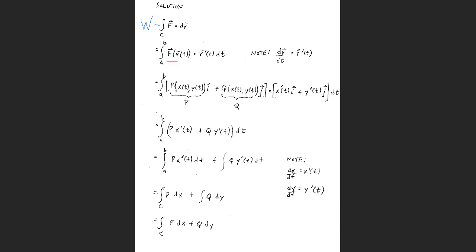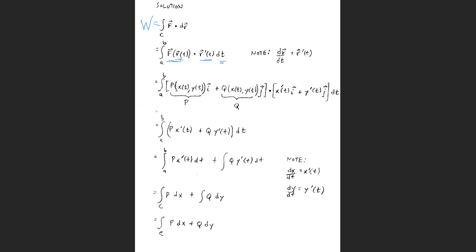If we're integrating with respect to t, the vector field F is computed based on the point that you're on in the vector field. That point, the x, y, z point, is equal to some position vector r for some time t. That makes sense. And then dr is just r prime of t dt.